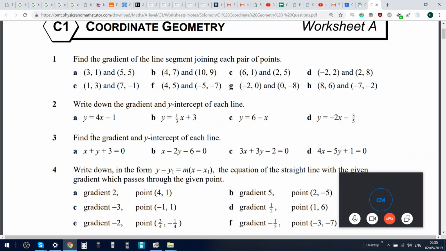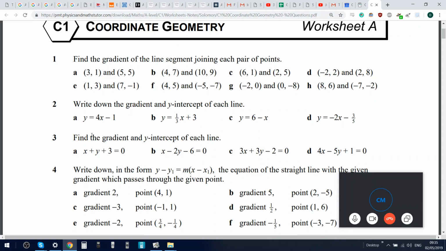Is it x1 minus x2? I can't really remember the formula, but it's x1 minus x2, is it? Over y1. It's similar to that. So just to make sense of it, it's how many up over how many right.